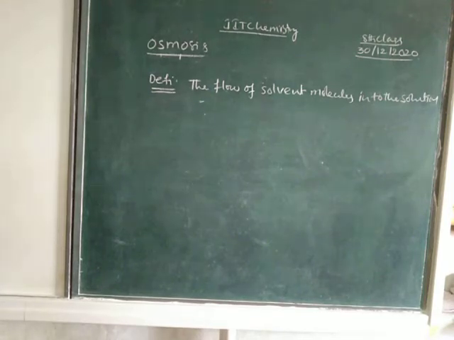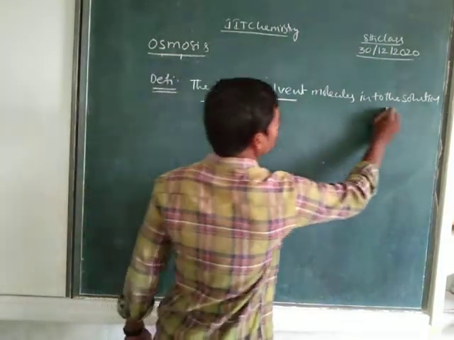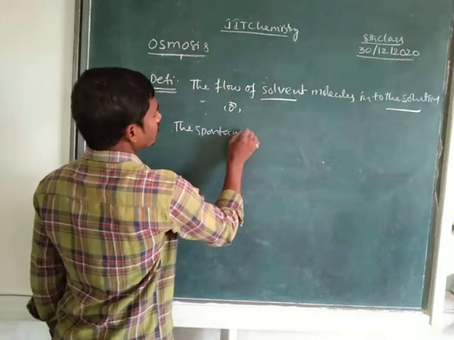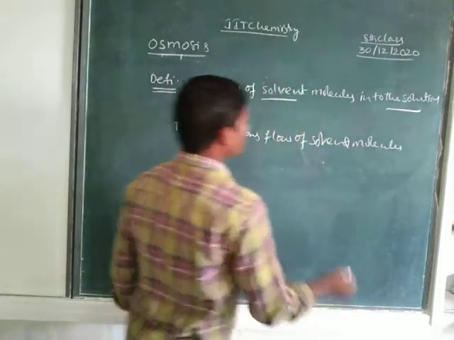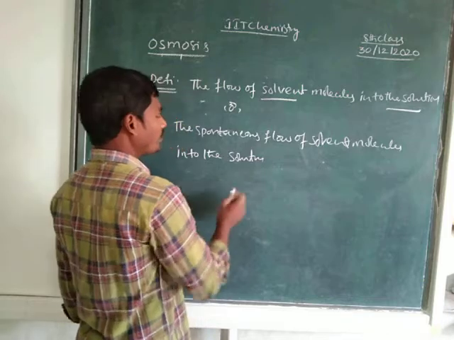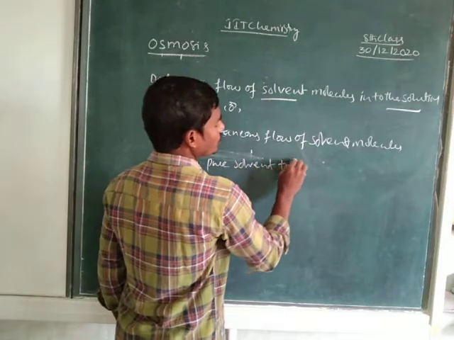The simple definition is the flow of solvent molecules into the solution, but the exact definition of osmosis is the spontaneous flow of solvent molecules into the solution, the spontaneous flow of solvent molecules from pure solvent to the solution.